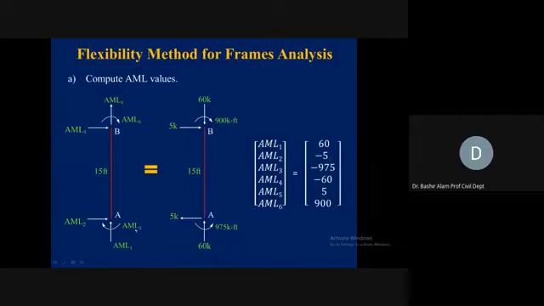AML3 moment was positive clockwise, but from actual analysis 975 is coming counterclockwise, so -975. So that value is recorded here. Coming to AML4 now, 60, opposite to this one, so -60, recorded here. This is +5 recorded here, and this is +900, recorded here.